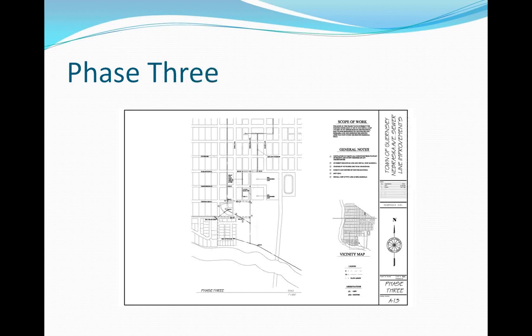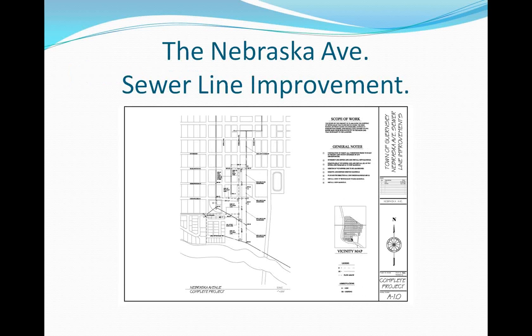Thirdly, we have just put in a new swimming pool, and the sewer line is running approximately 6 feet from the new swimming pool. So rerouting the sewer lines around that block was necessary. Now this is 3 different jobs that all add up to the Nebraska Avenue Sewer Line Improvement Project.